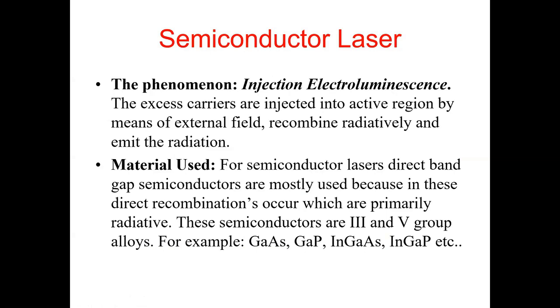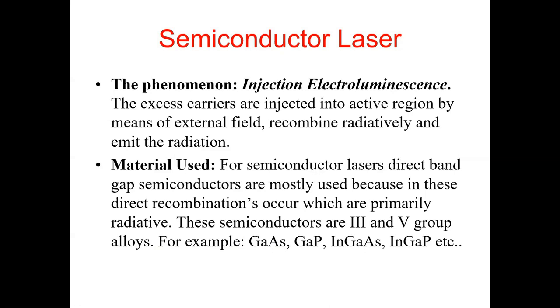What material are we using mostly? Mostly we use direct band gap semiconductors. In a direct band gap semiconductor, the electrons move directly from the conduction band to the valence band and recombine. That kind of recombination is called direct recombination. What happens in direct band gap semiconductors?